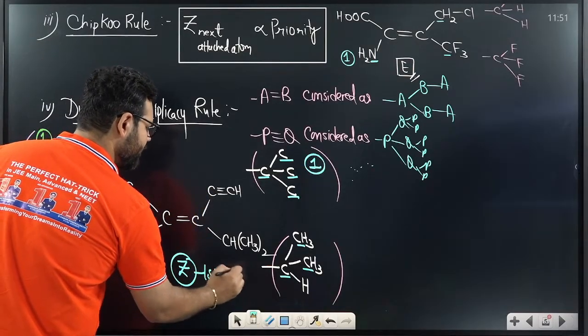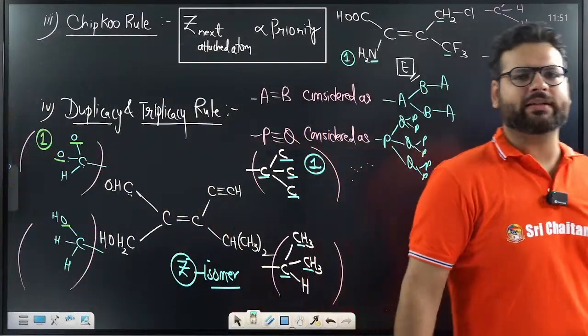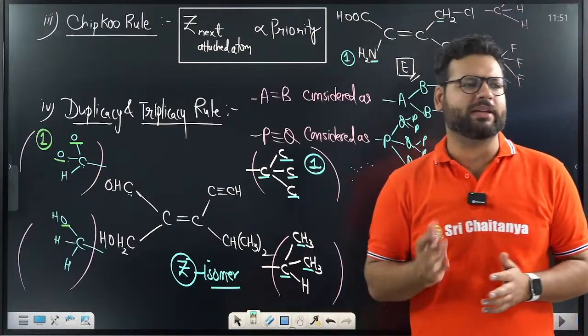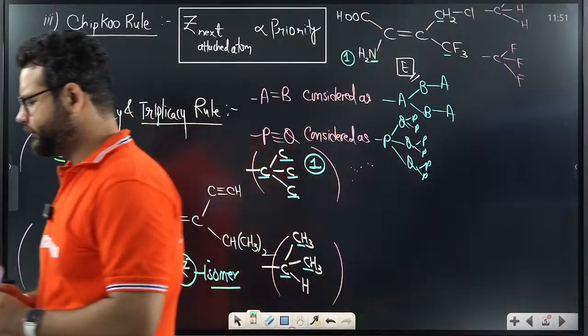Yes or no? Quickly tell me. Are the 4 rules up to duplicacy, triplicacy clear to everyone? Please tell me. If it is clear, then we'll move forward. Please tell quickly.